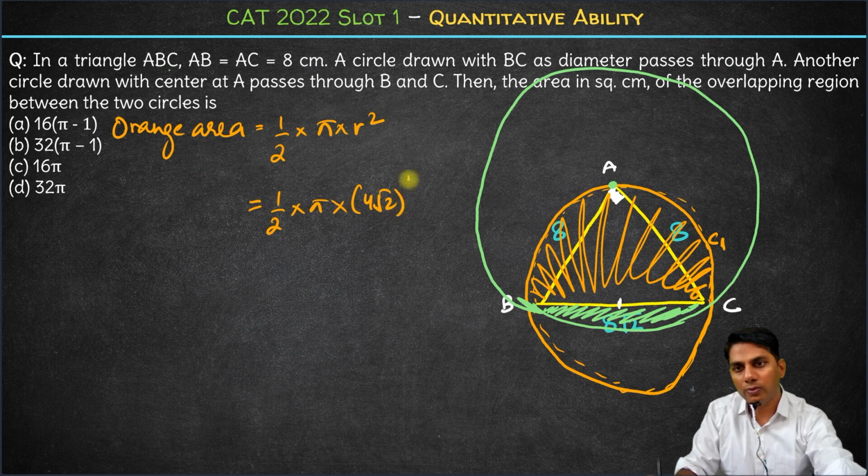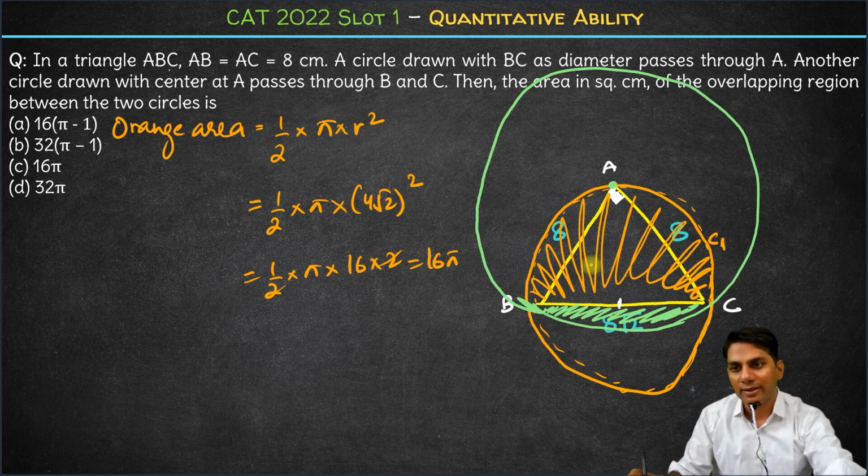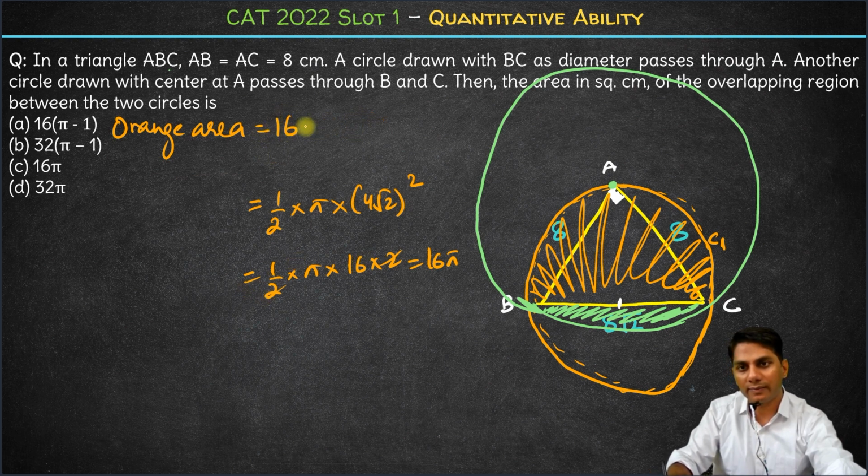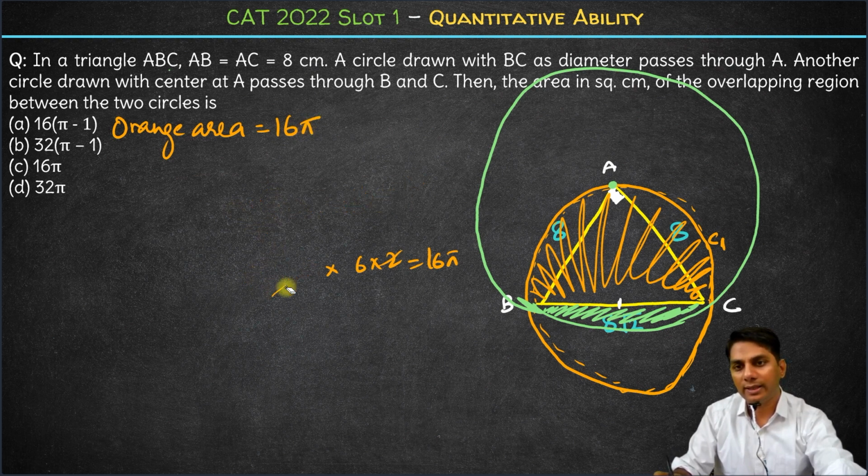So 4 root 2 whole square, which is half of pi into 16 into 2, 2 cancels out, 16 pi. So the area of this whole orange region is 16 pi. Okay, now let's calculate the area of the green part.